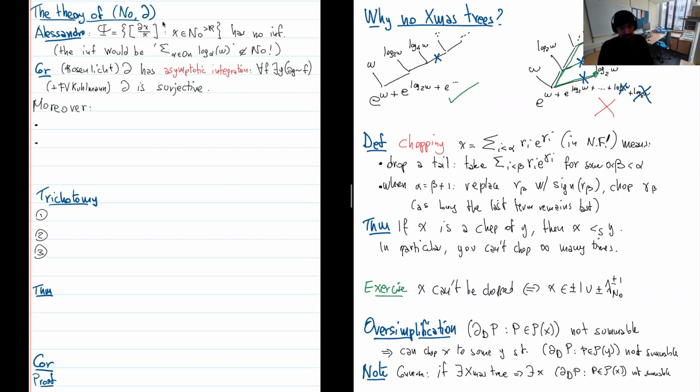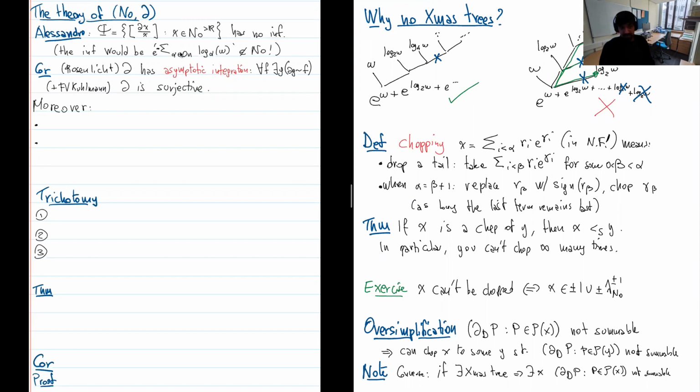Okay. Now take this class. This class has no infimum. There's no greatest lower bound for this class, because Alessandro was explaining that essentially this infimum would be the class of e^{-2} minus a very long sum of these iterated logarithms of omega, for alpha ranging over every ordinal number.